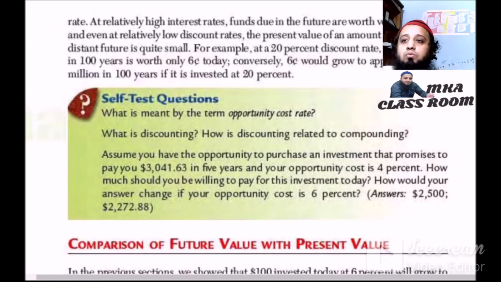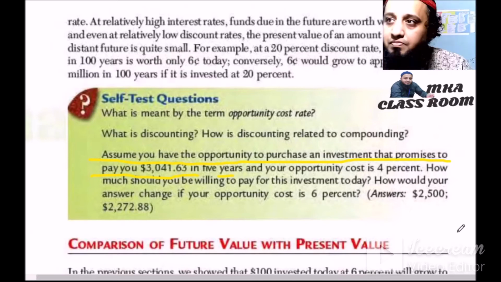So, in the same way, in the same problem, you assume that you have opportunity to purchase an investment that promised to pay you 3041.63 in 5 years. That means you have an investment opportunity. That investment will give you 3041.63 taka after 5 years, and your opportunity cost is 4%.